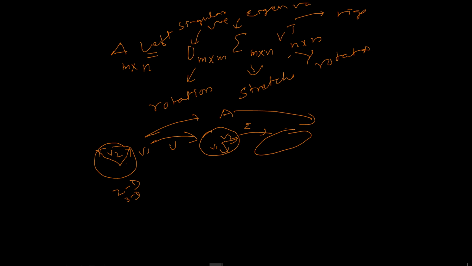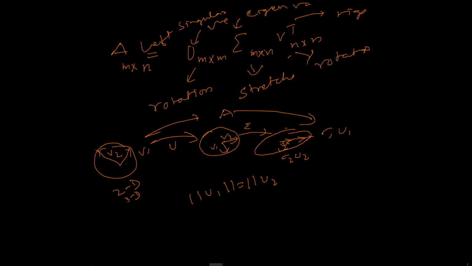u1, u2 are orthonormal. Multiplying with sigma, which is a scalar quantity, increases the matrix. Now this is your rotation.